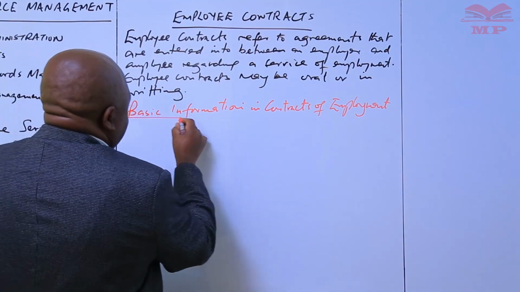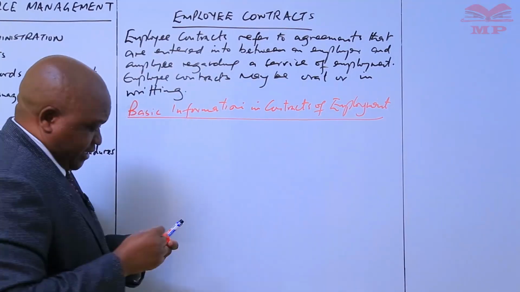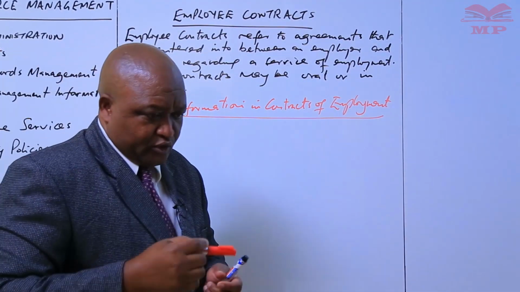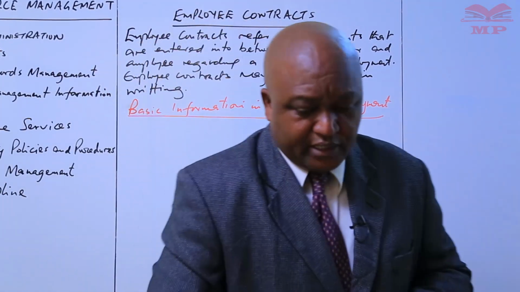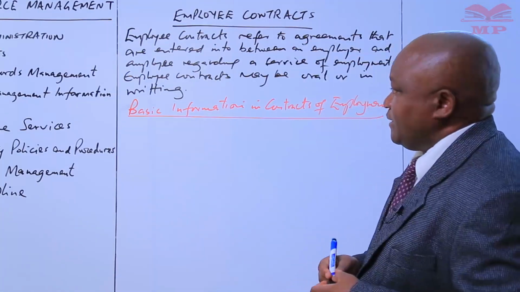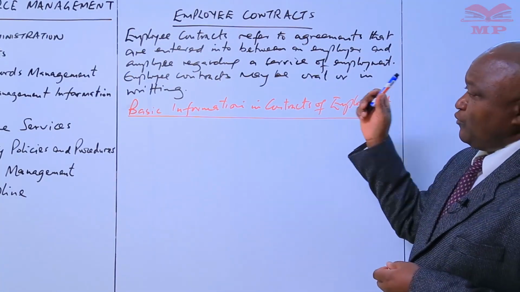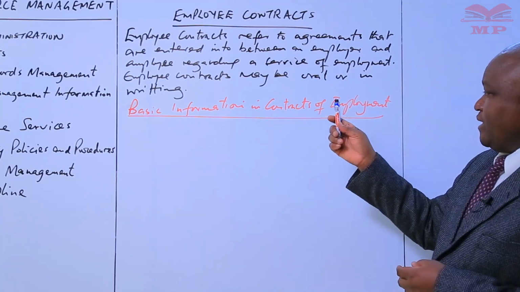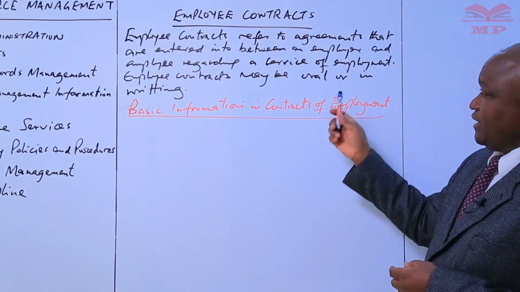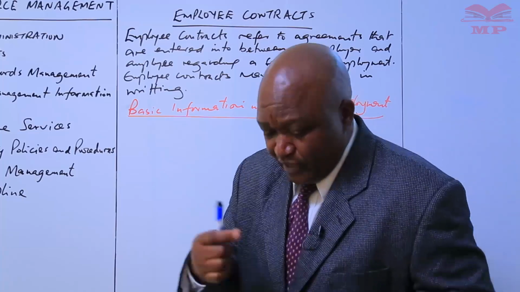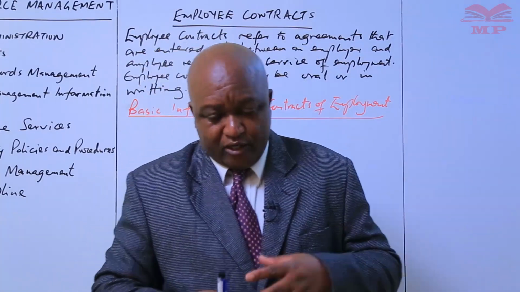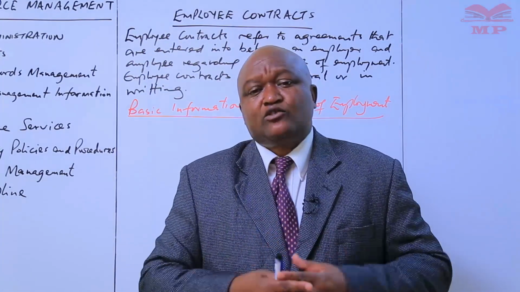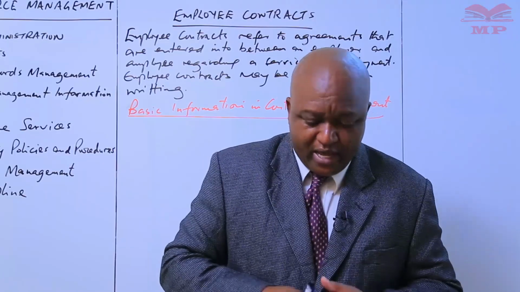Basic information in contracts of employment. So it is important, learner, that a contract of employment captures some basic information, and this basic information is what can be used to enforce a contract of employment in cases of a dispute between an employer and an employee.